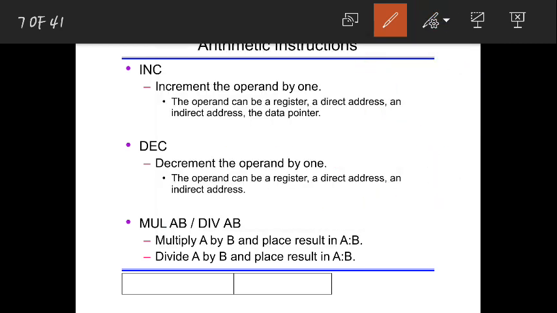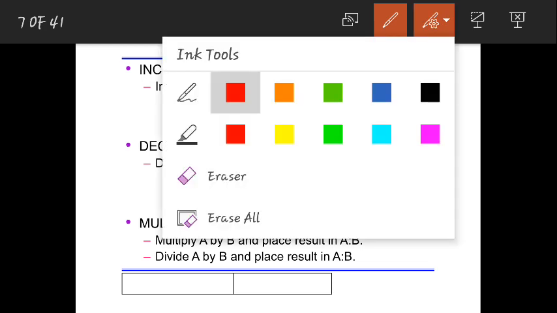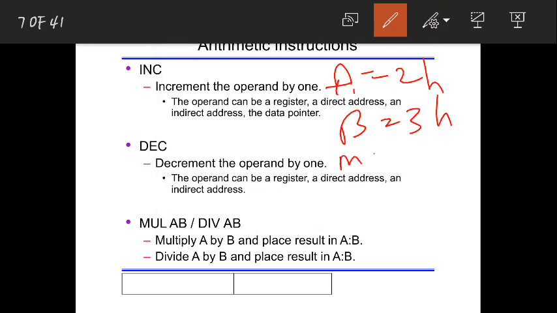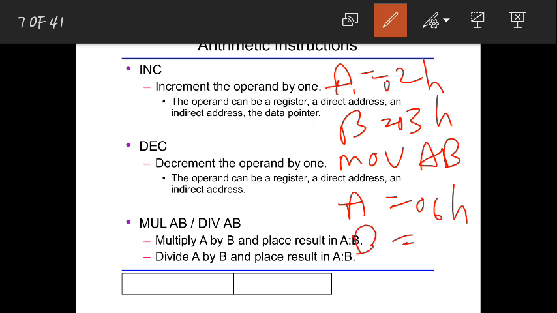In the same way, if you take A equal to 2H and B equal to 3H, and write MUL AB, then after execution A will be equal to 06H and B will be equal to 00H, as in the previous case, because you don't have any larger number.